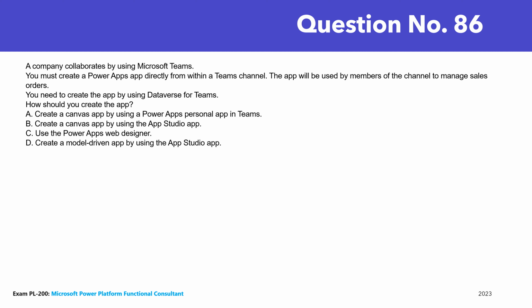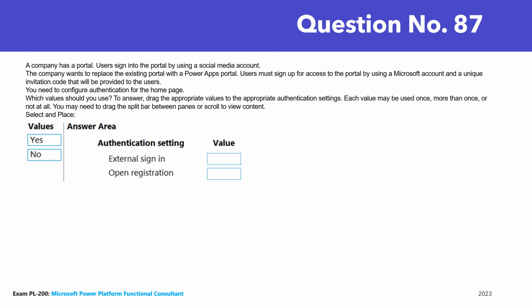Correct answer, B. A company has a portal. Users sign into the portal by using a social media account. The company wants to replace the existing portal with a Power Apps portal. Users must sign up for access to the portal by using a Microsoft account and a unique invitation code that will be provided to the users. You need to configure authentication for the home page.